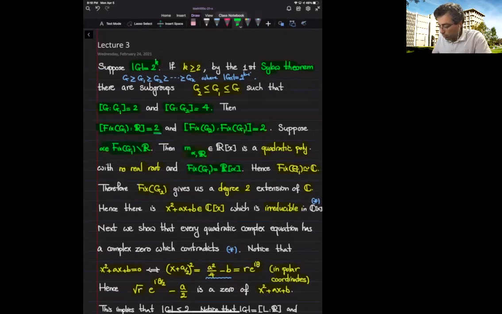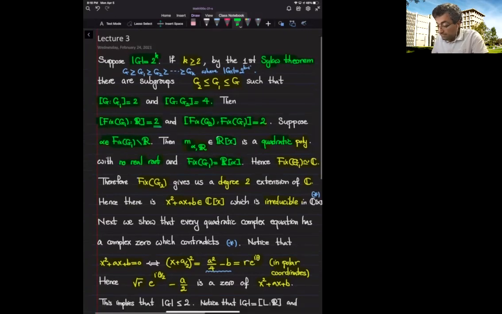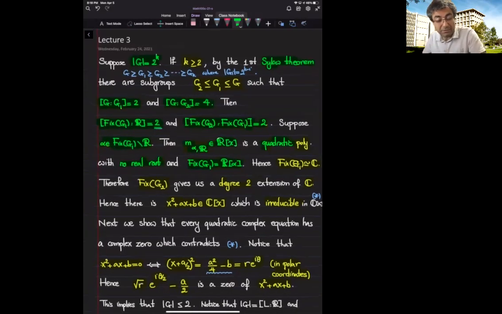So I get a quadratic polynomial over the real numbers with no real root because it's supposed to be irreducible. Now when I give you a degree 2 polynomial with no real root, we know that it has 2 distinct complex roots.